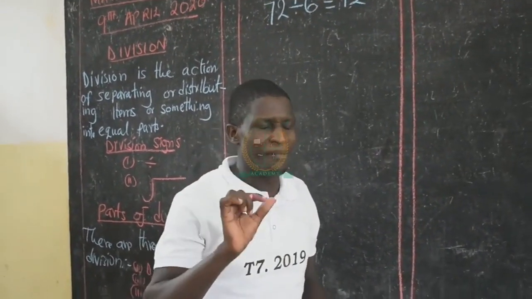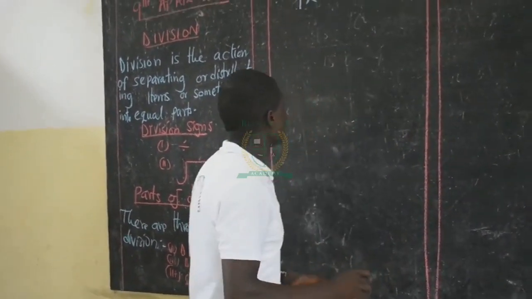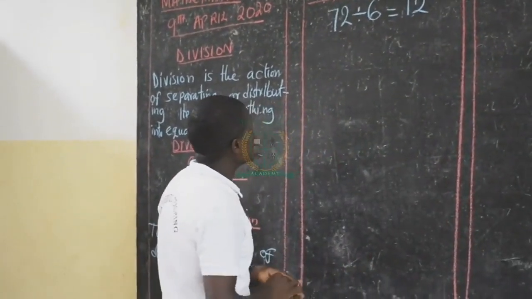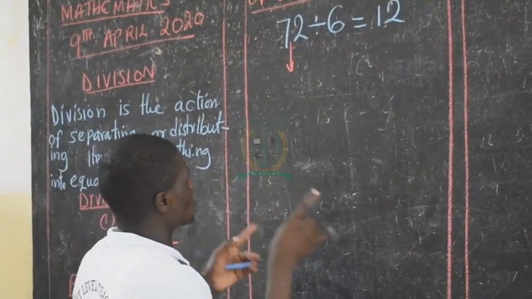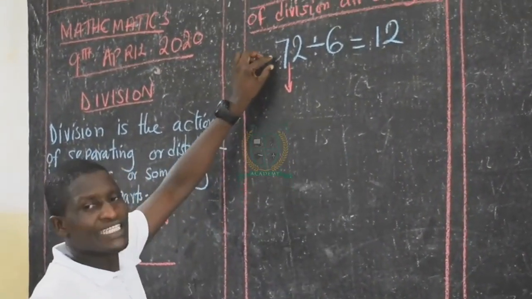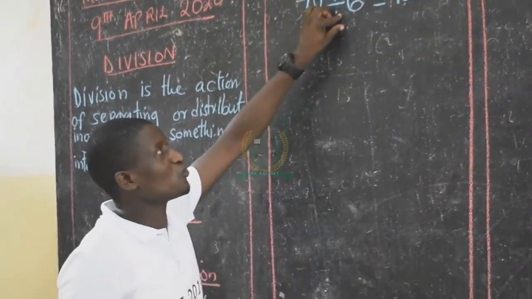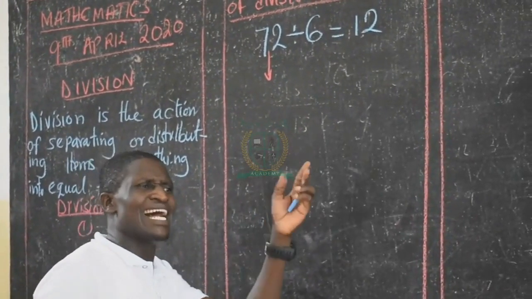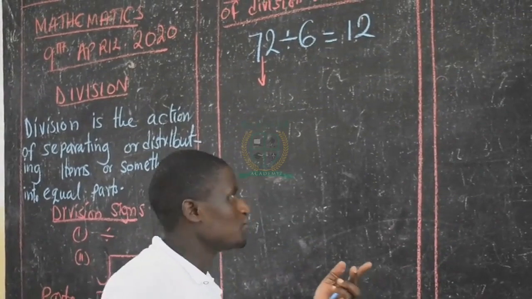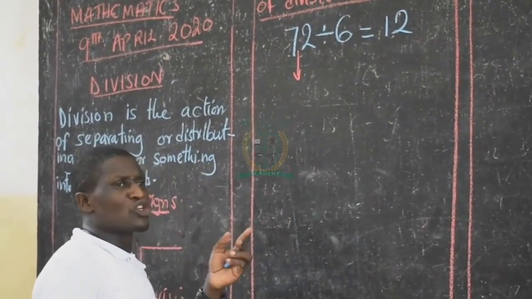Which number is bigger between 72, 6, and 12? You find that 72 is bigger than 6, and 72 is bigger than 12. So the dividend is the one that is bigger, and it is the number that is going to be divided.